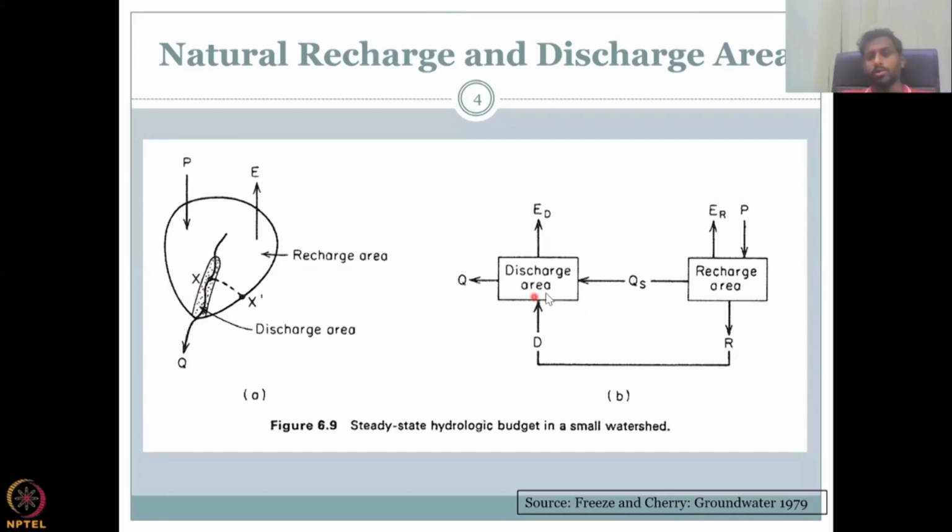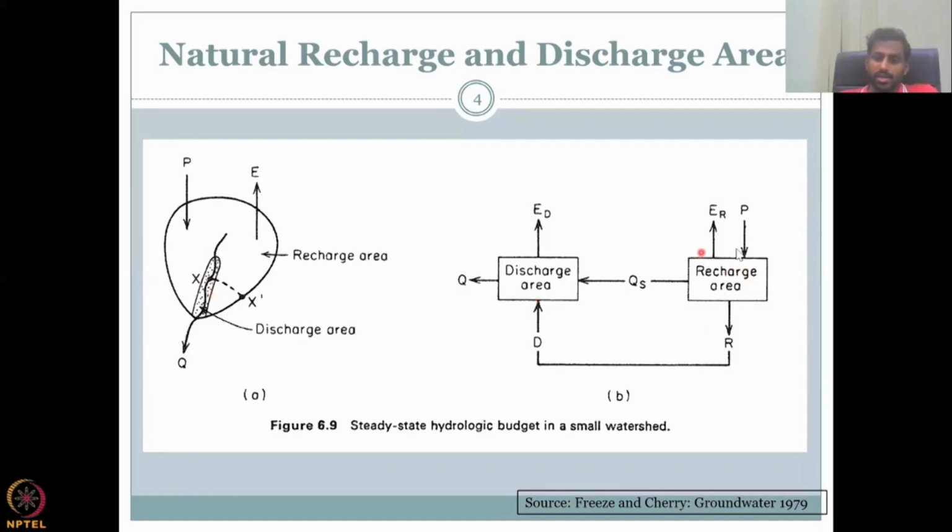Look at the discharge area. You also have some evaporation along with the discharge area, and transpiration. Whereas the precipitation is very much less here because discharge is already happening, and precipitation will still fall on this area. Some recharge, but all the recharge would just come out as discharge.